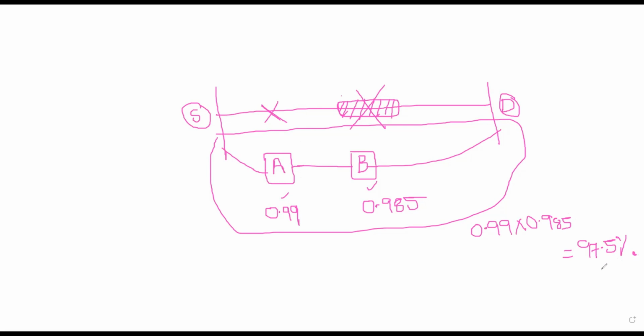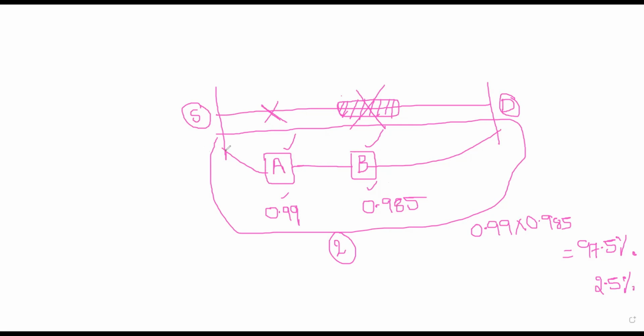Why did it drop? There might be a chance that on Monday A failed and on Tuesday B failed. So in a week, both failures, two times, are there. So it results in a failure of 2.5%, just by multiplying this.